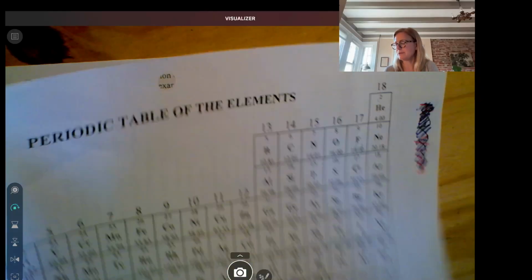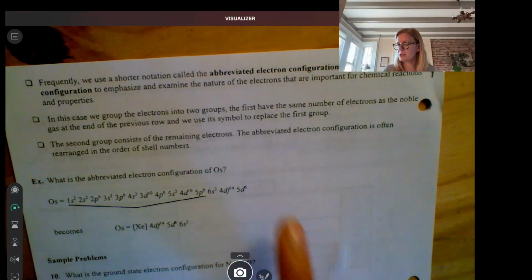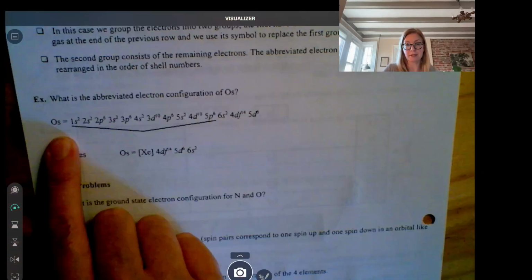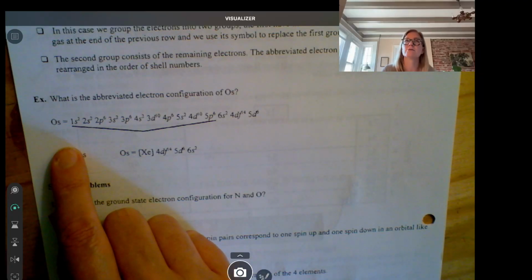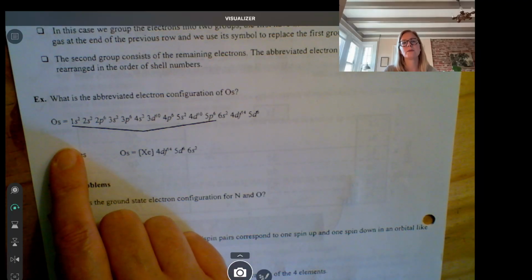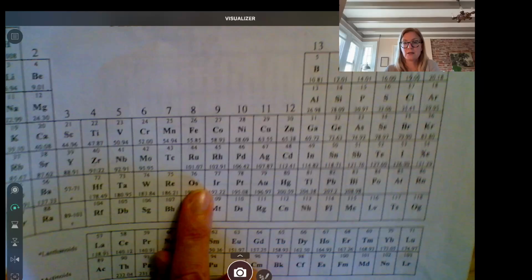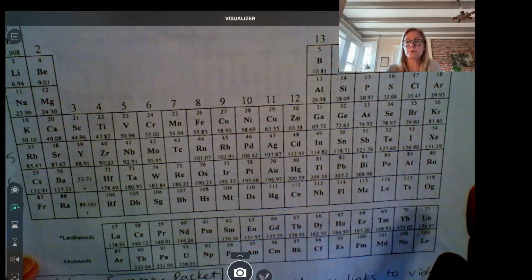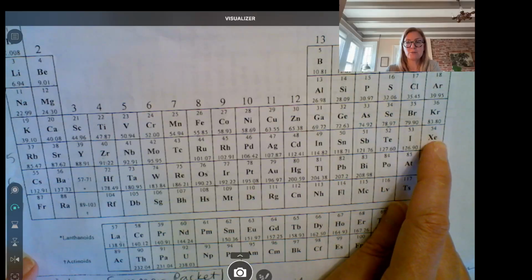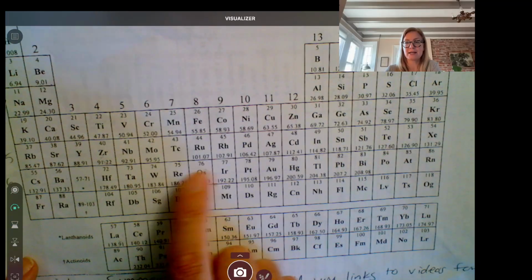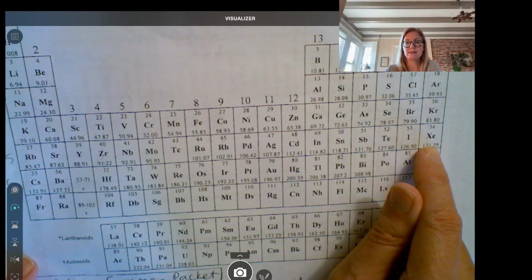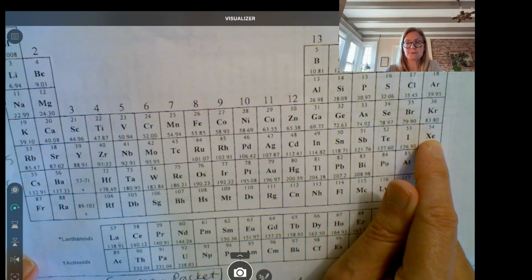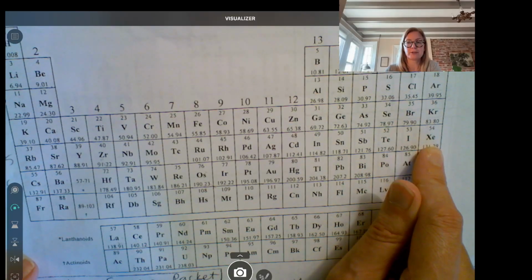So what we do is, let's say we were doing osmium and we didn't feel like writing out 1s2, 2s2, 2p6, 3s2. We would find osmium, go back, and count backwards until you hit a noble gas, okay? The last noble gas that comes before osmium, the last thing in group 18, is xenon, Xe. So we're going to use the symbol Xe to represent the first 54 electrons.